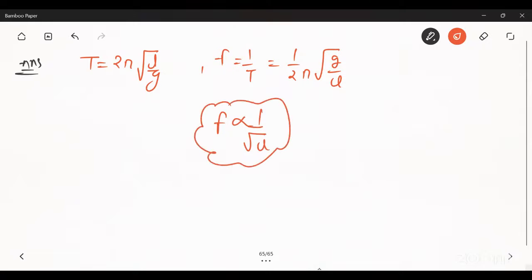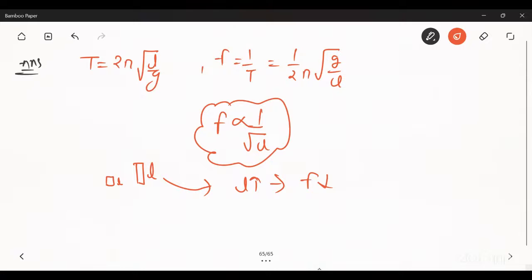If the girl is seated, the length will be less. If she stands, the length will increase, and if the length increases, the frequency of oscillation decreases. That was the reason.